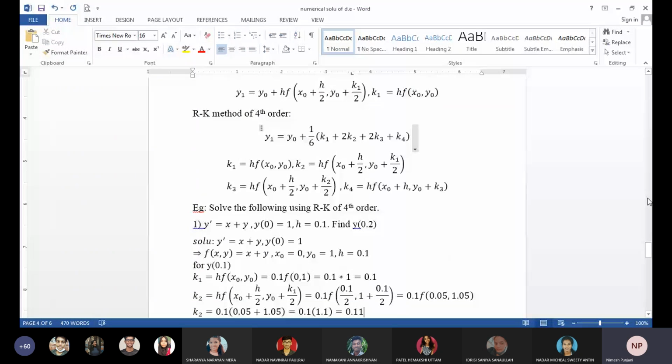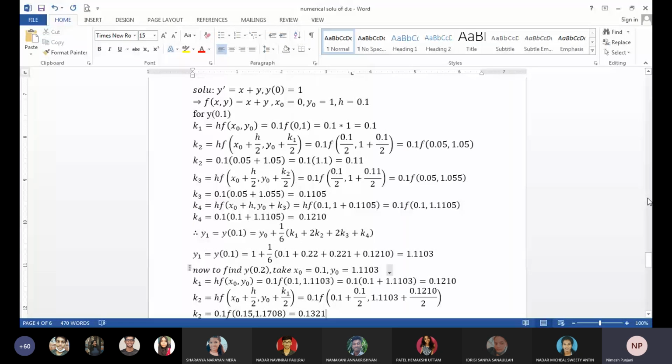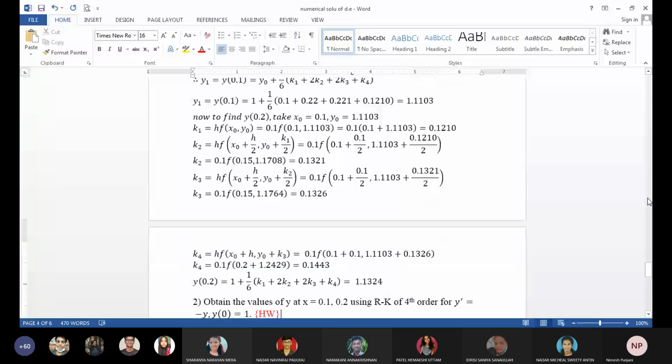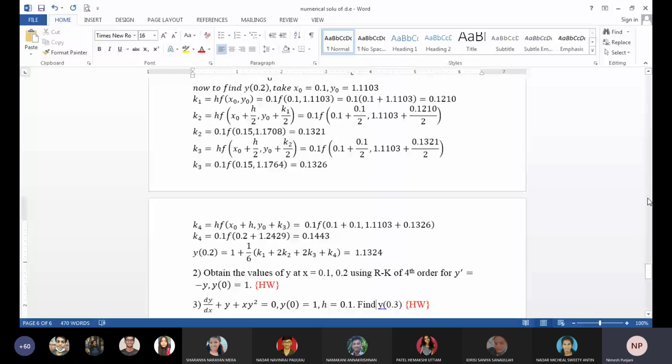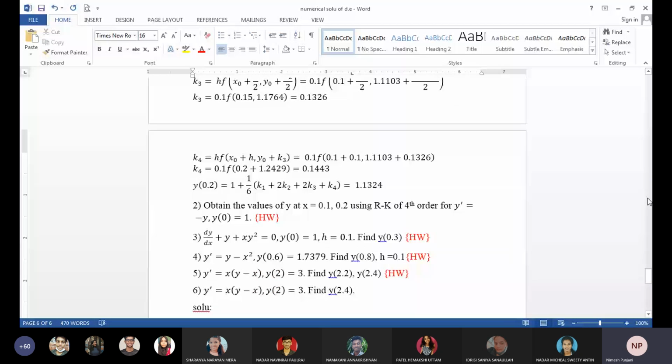RK of fourth order में we have solved again two examples, one example. Two sums were given for your homework. This sixth वाला sum अभी करना है.